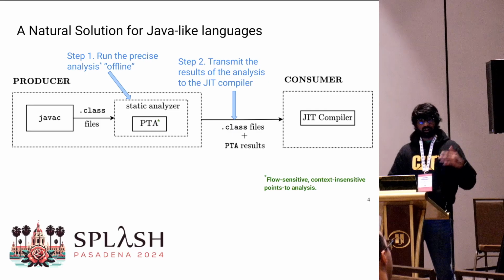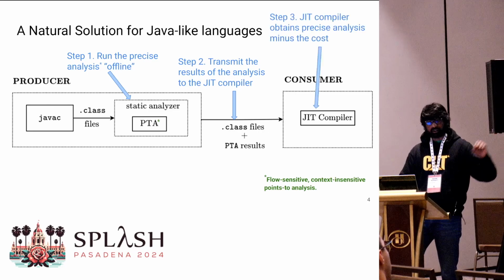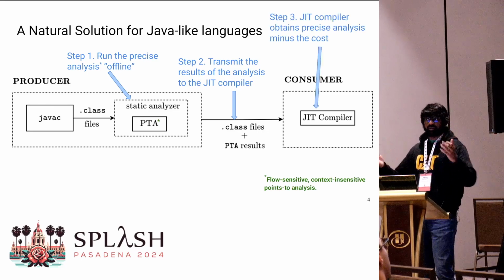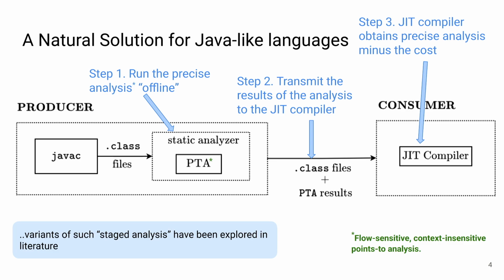And then when the JVM, which has the JIT compiler associated with it, picks up the bytecode, it also gets these PTA results. And what it will do is it will just blindly use it in its optimization path like any other compiler would, right? This has been studied extensively in literature. It has been given various names, but we know of it as stage analysis techniques. It has quite a few names.